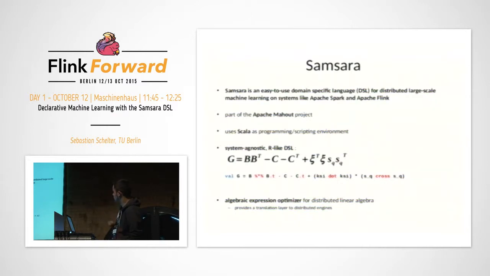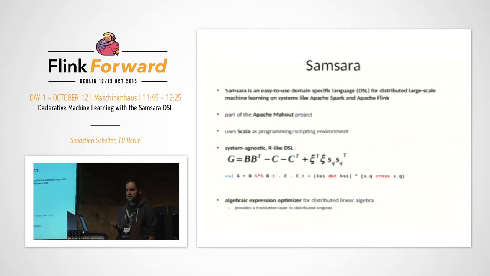You see there's this complicated formula that involves outer products between vectors and subtractions and a matrix multiplication and so on. And this is something that you would find in a textbook if you look up an algorithm. Now the nice thing is that this line below, which says val G is, and then this piece of Scala code, is actually the Samsara implementation of this line of code.